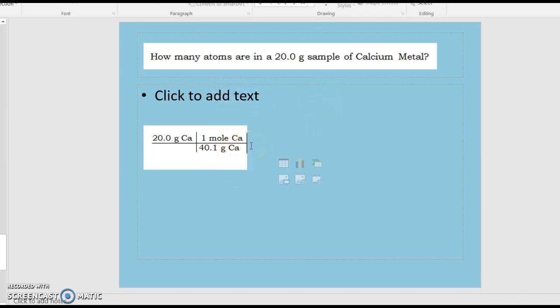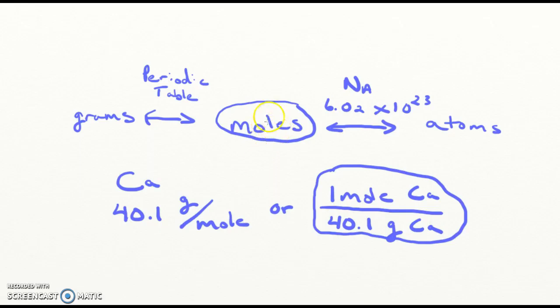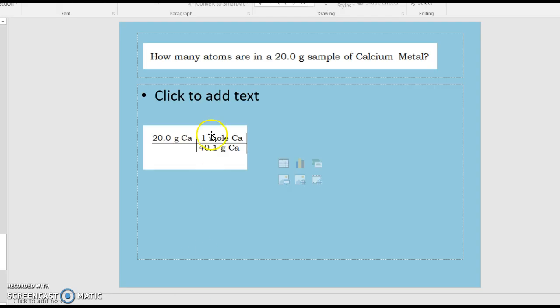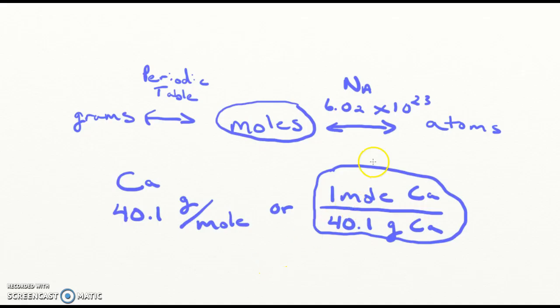However, it's not done yet. This one is taking a step further. We're going from moles now to atoms, and that's the second part of this problem. So we need to take the moles we have and convert them. The next part is changing moles to atoms. If I want atoms, I need a conversion.